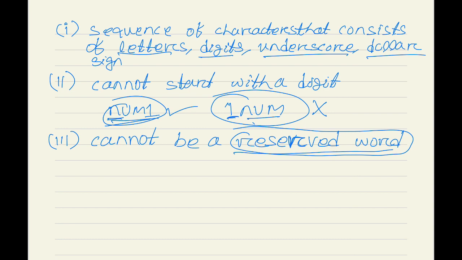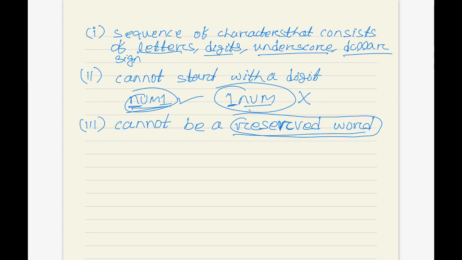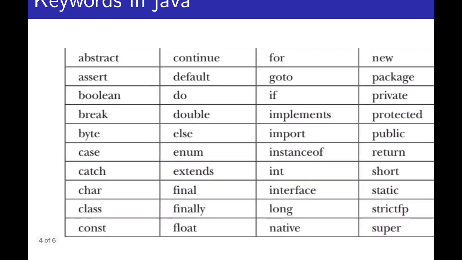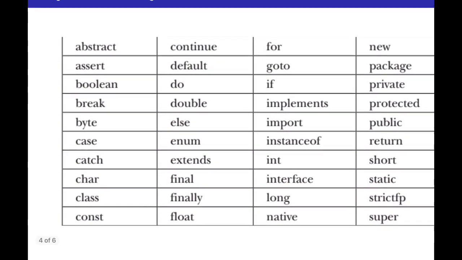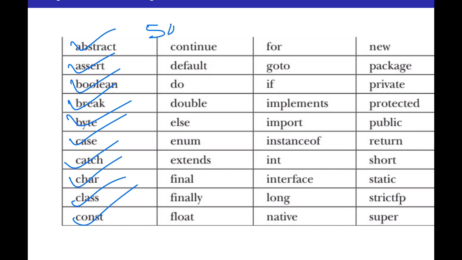We can see what the reserved words are in the next class. Like you can see here, abstract is a reserved word, assert is a reserved word, boolean, break, byte, case, catch, char, class, const. So these are the reserved words. It is approximately 50 words, so you cannot use these 50 words as the name of an identifier.